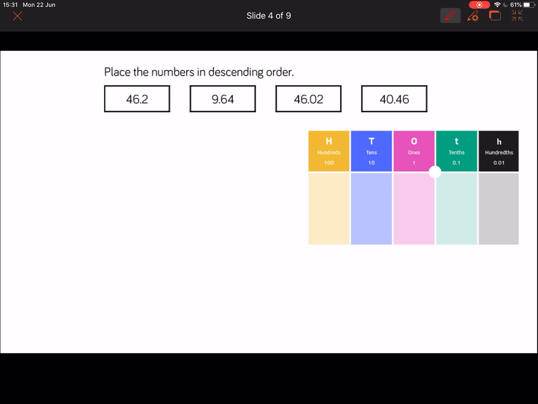Now, I know that there's only one number here that has one digit before the decimal point. All of the rest of the numbers actually have 2. So, as you can see, there's a 4 and a 6 here, there's a 4 and a 6 here, there's a 4 and a 0 here. So we've got 46.2, 46.02 and 40.46.